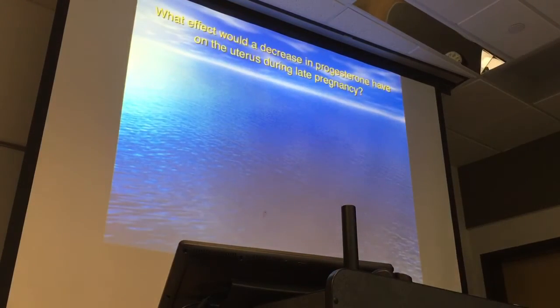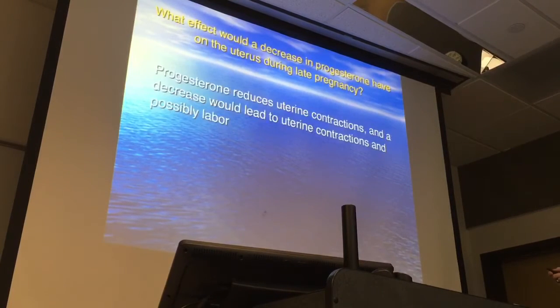Okay, if you had a decrease in progesterone on the uterus, what would that do? Yeah, the uterine lining would break down, and so lead to uterine contractions and possibly labor. If you have a decrease in progesterone for any reason, it can cause premature labor.